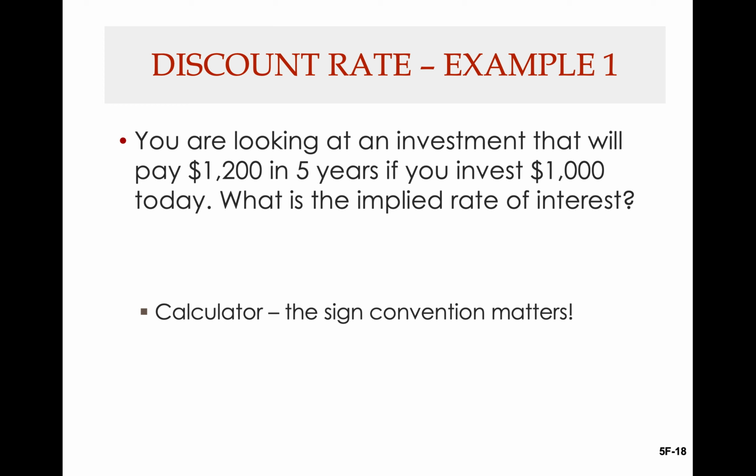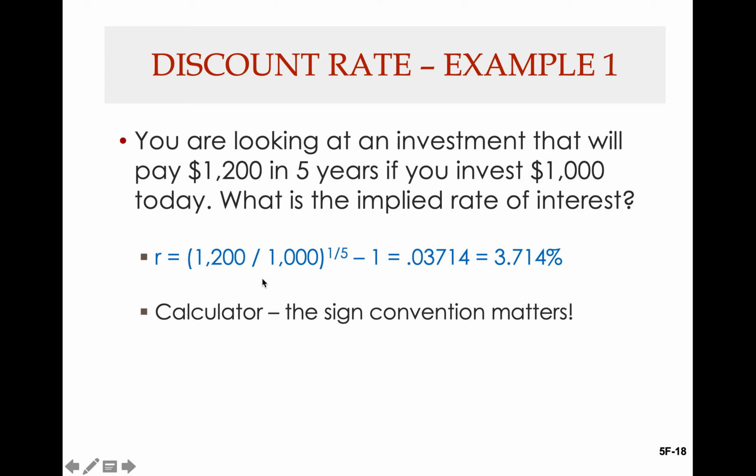You're looking at an investment that will pay $1,200 in 5 years if you invest $1,000 today. What is the implied rate of interest? You can use the formula to find that, or you can use your financial calculator. Using the formula, we find that the implied interest rate is 3.714%.